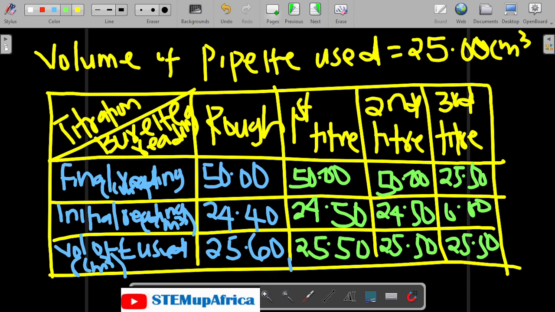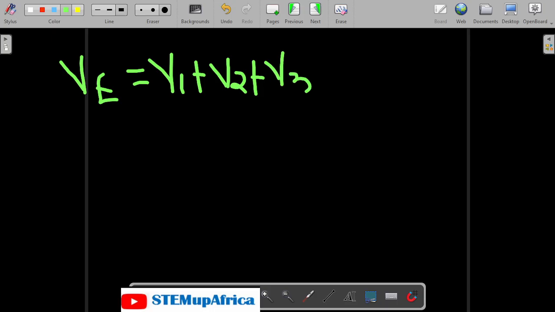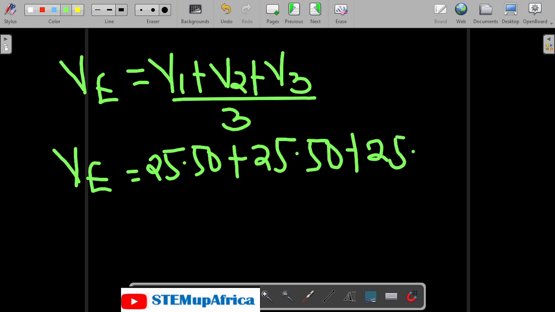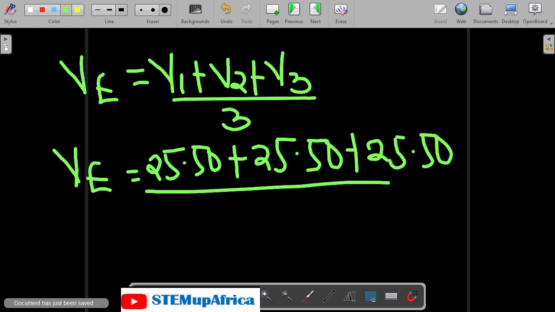VE will be V1 plus V2 plus V3 over 3. So our VE now will give us 25.50 plus 25.50 plus 25.50 divided by 3.